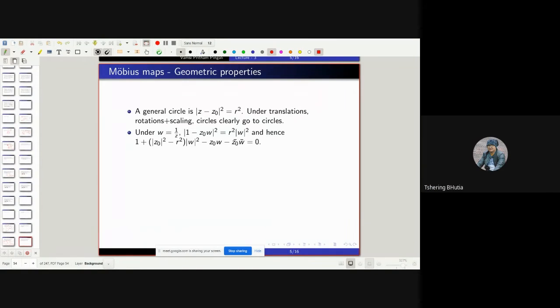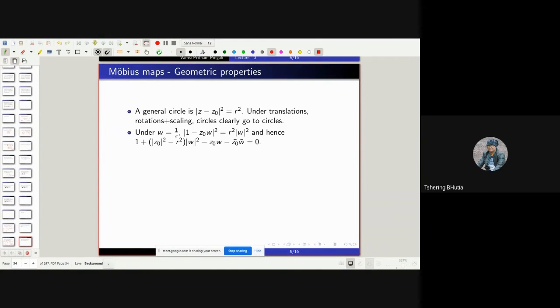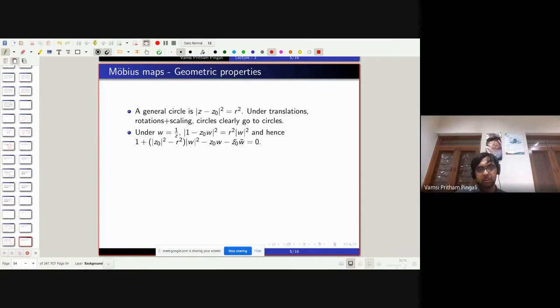If mod Z equals R, then it represents a line. Otherwise, it will represent a circle. Right. And how do you figure it out?